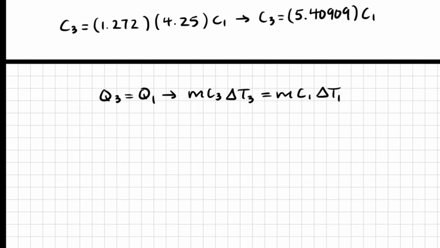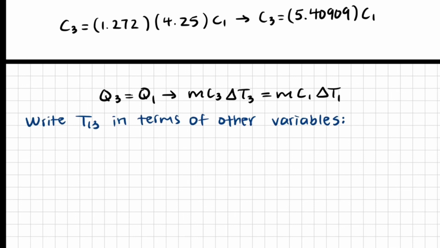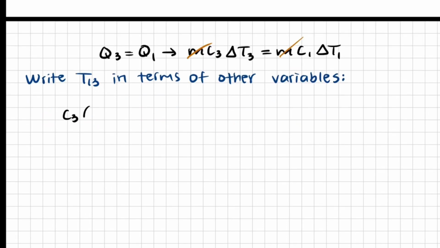Now what we need to do is write T3 in terms of other variables. So let's cancel the mass. Don't forget that we already have an expression for our heat capacity. Before we do that though, let's distribute.